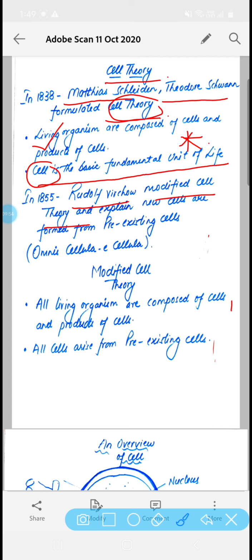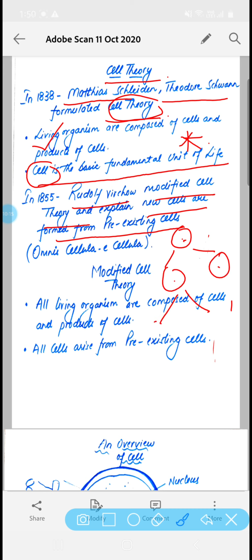The explanation given by Rudolf Virchow was that new cells are always formed by the division of pre-existing cells. Let's take the example. Suppose this is the cell, okay? It will further divide into two cells, and further these two cells will divide into four cells. So this is how the new cells are formed.